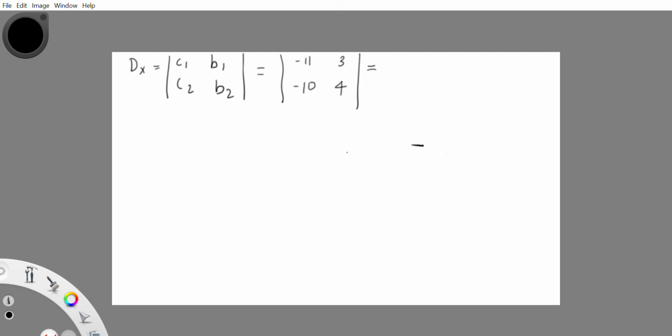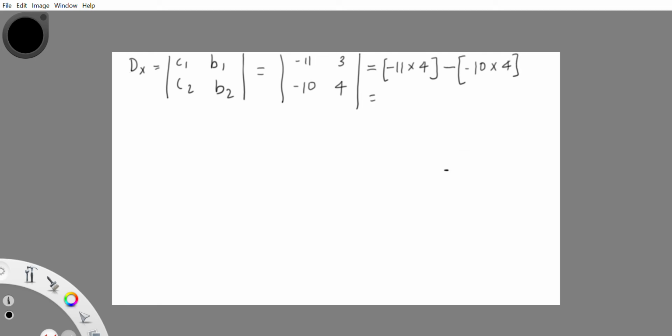Now the calculation is very important. Pay attention that you do not make mistakes. We have minus 11 into 4, then a minus sign because determinant values are calculated as ad minus bc. Now here I have minus 10 into 3, which is minus 30.